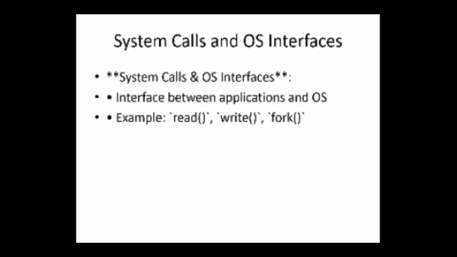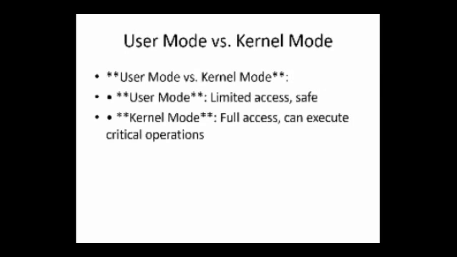The system calls and OS interfaces. The interfaces between the applications and the OS are called system calls. Example: read, write, fork. The read, write, and others we can see in the file systems. So, user mode versus kernel mode.